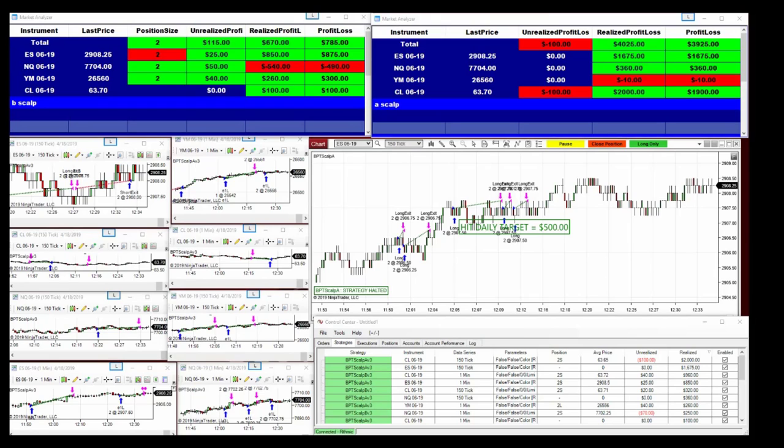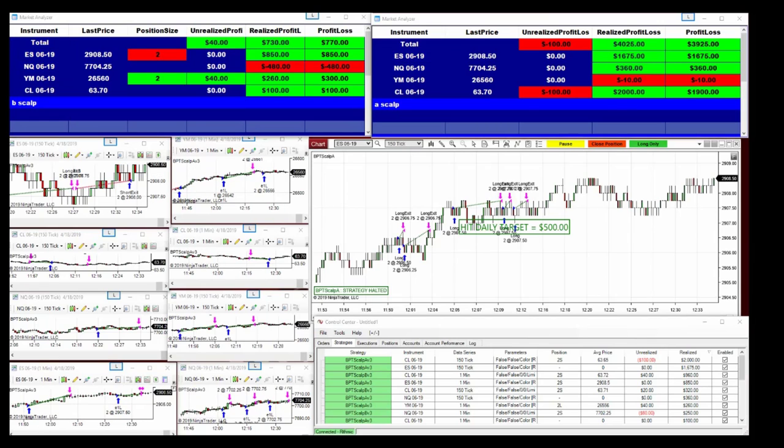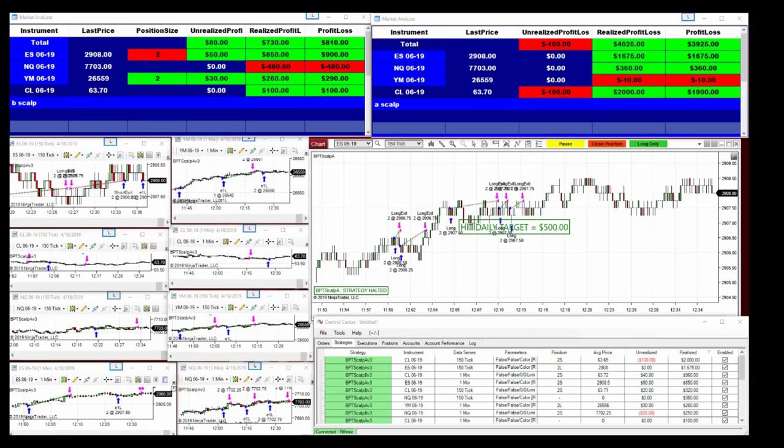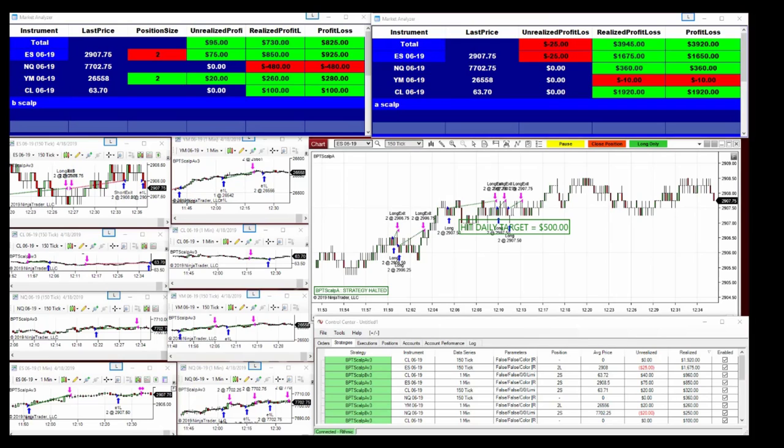One of the things also, this A scalper, B scalper, C scalper does not require any optimization, but you can use a replay if you like to see how things work with it. It is available on NinjaTrader 7 and NinjaTrader 8. We use 3 different time frames for the scalper.